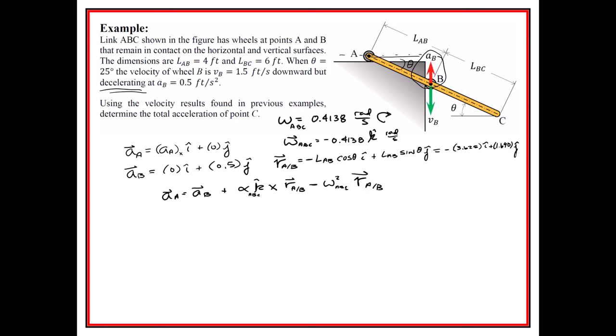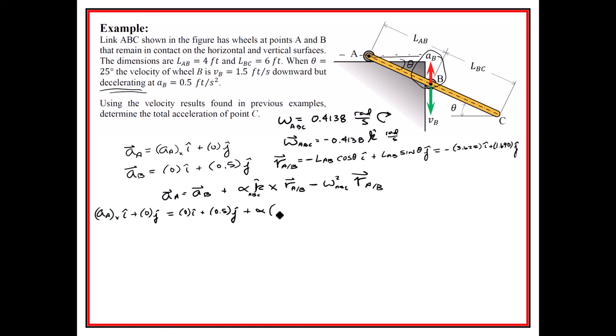If you write this out long ways and fill in all the blanks, we say that A X I, and I'll put the J part in there too, is going to be equal to, now I go to B, 0I plus 0.5J, and then plus alpha, which we don't know, so let's just keep that as a term. Just to save space, no ABC on that.